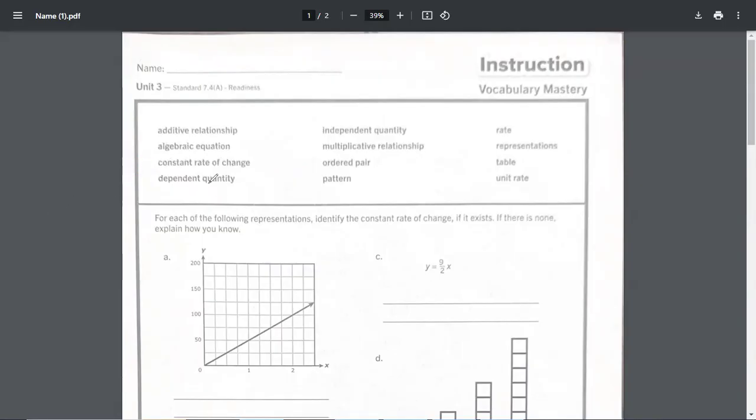Now, dependent quantity. A dependent quantity is your y-axis. So whenever you think of the dependent, it is the y-axis, meaning your independent is going to be your x-axis. This y-axis going up and down, that is your dependent.